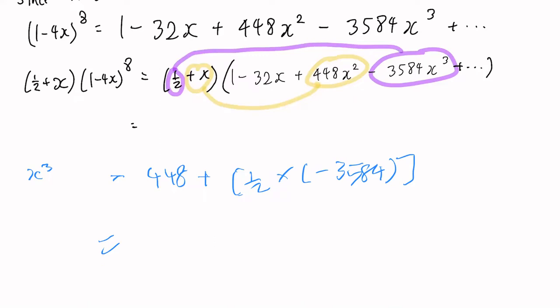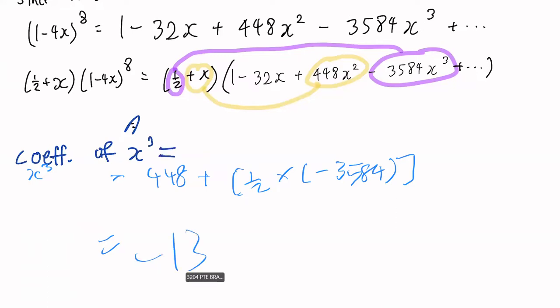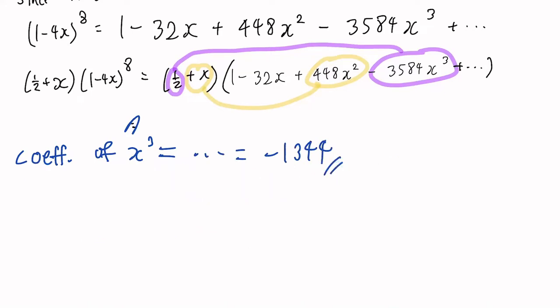Coefficient of x cubed will be equal to, let me double check if it's correct. 448 times 1 and then negative 3584 times half. Yeah, correct. You wrote down already, then that's all.